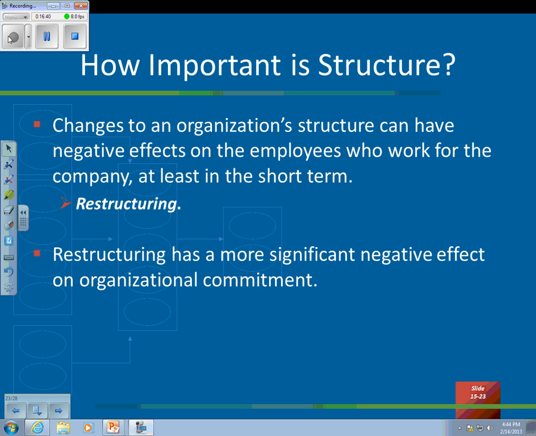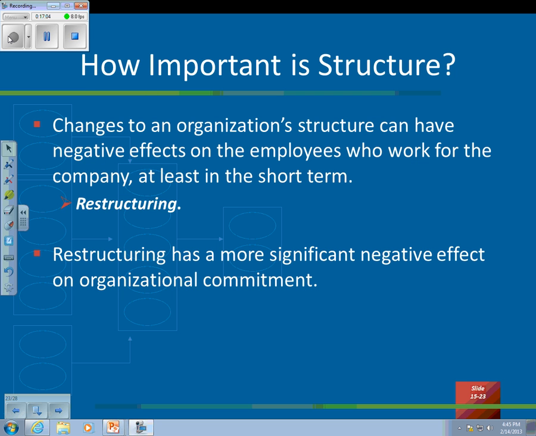But what we find is that restructuring causes a lot of fear and anxiety, as any substantial organizational change will cause. But we truly lose some productivity. Performance may have some negative effects.